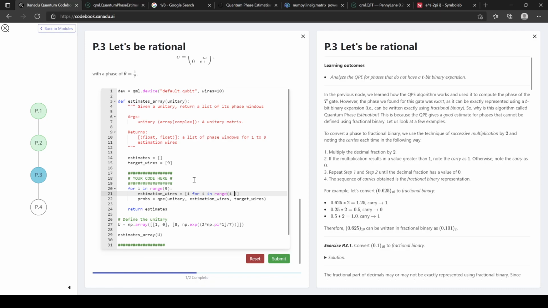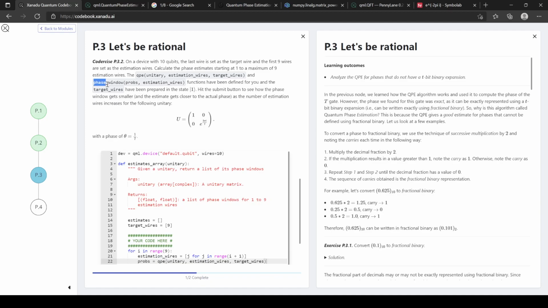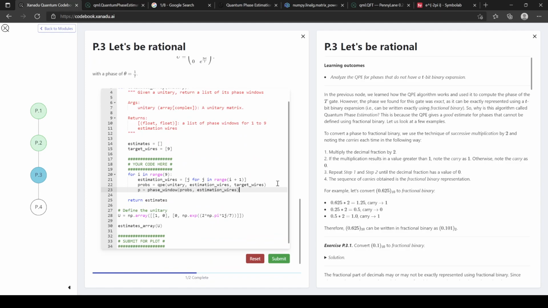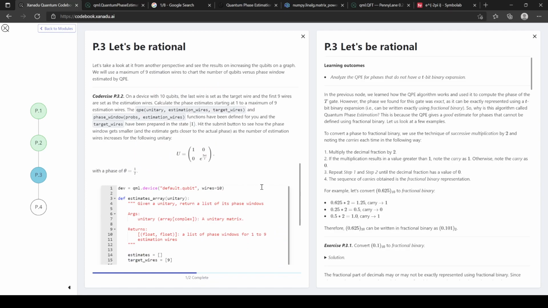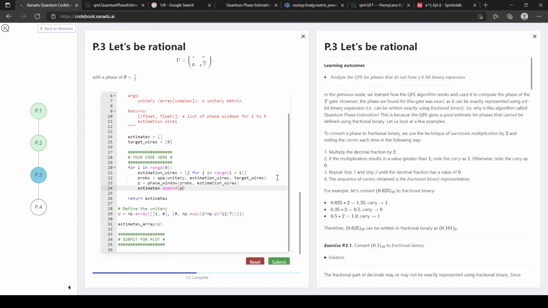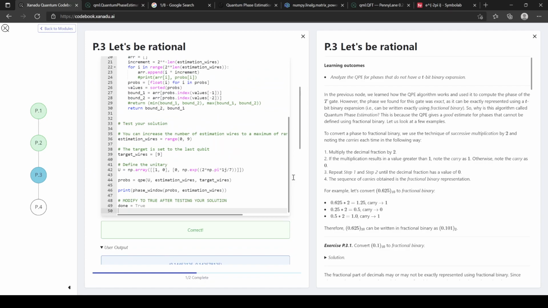All right. Is this what they want? I don't know what phase window does, to be honest.